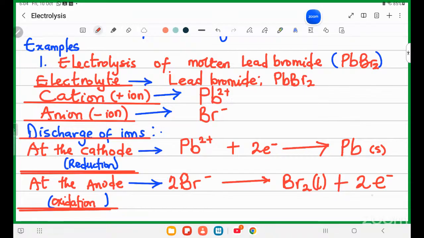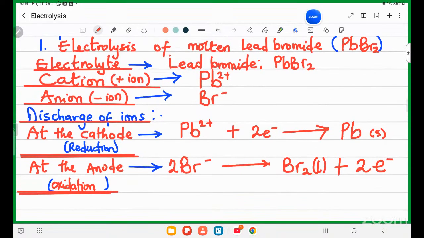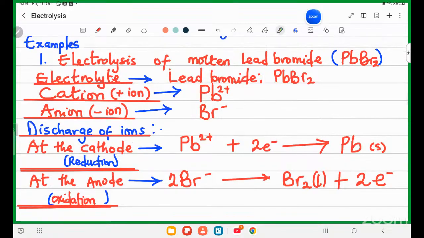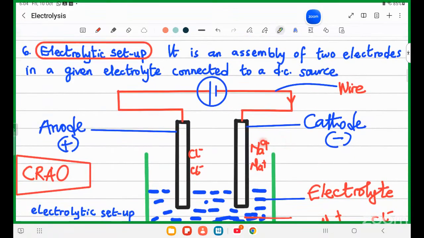So now, this is what happened at the anode, and this is what happened at the cathode. What do we want to achieve? At the cathode here, lead has been produced. On this instrument, the lead will be on the surface of this, while the bromine liquid will be on the surface of this.